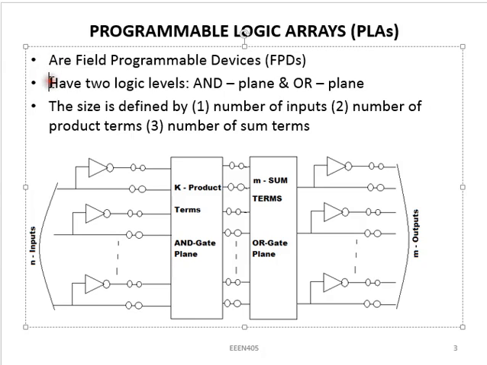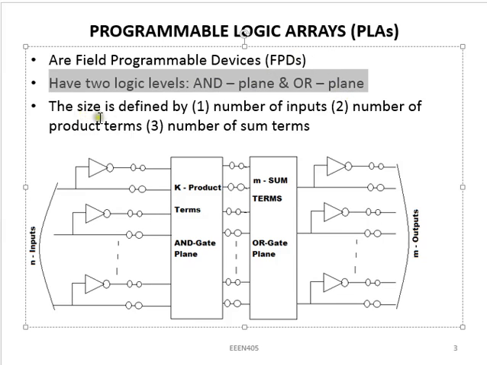And basically, these programmable logic arrays are made using two logic levels. Level number one we call the AND level, and the other level is called the OR level. And these levels, you can call them planes. That is, the AND plane and the OR plane.